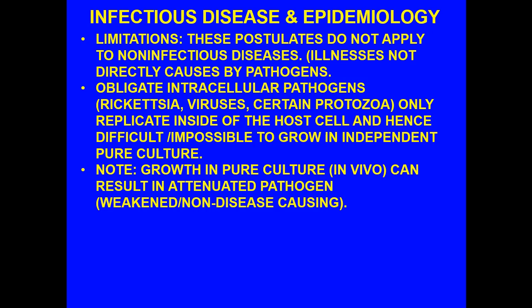They used to have petri dishes that were made of glass. Now they're disposable, they're made of plastic. But the problem that you have when you use some culturing techniques is that after a couple of generations of the organism, you end up with a non-disease causing or at least a weakened one.